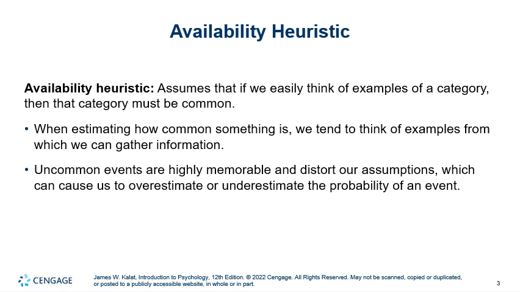In other words, looking at this slide, when estimating how common something is, we tend to think of examples we can gather from our minds, things we recall, and those uncommon events, which are more memorable, can distort how we think about things, and we make assumptions because of it.